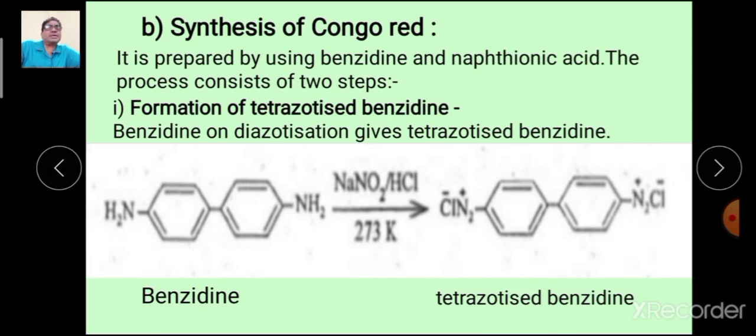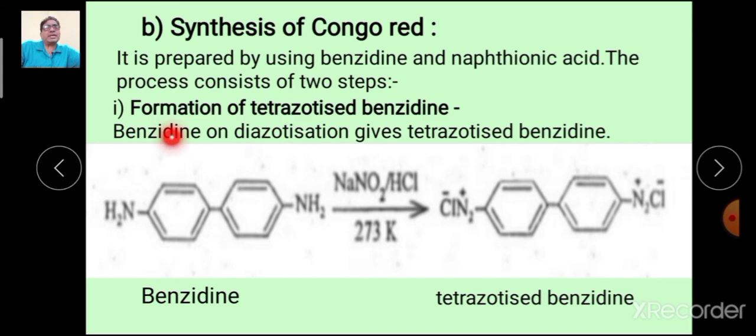The second one is synthesis of Congo red. It is prepared by using benzidine and naphthionic acid. The steps involved: the first one is formation of tetraazotized benzidine.